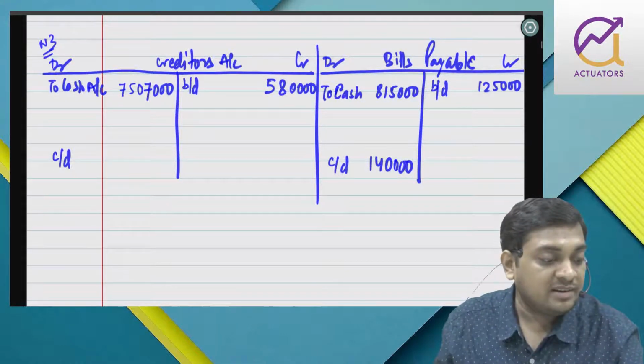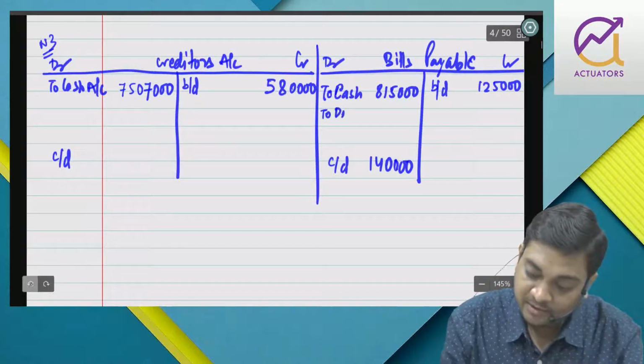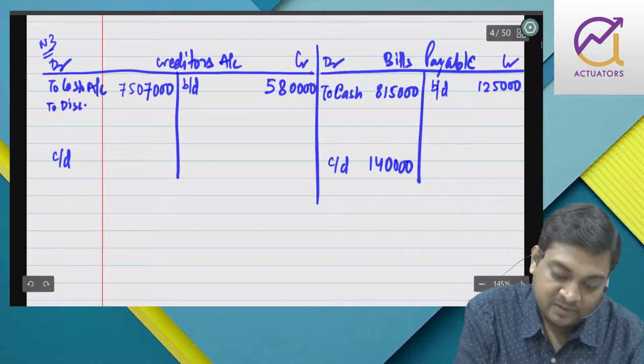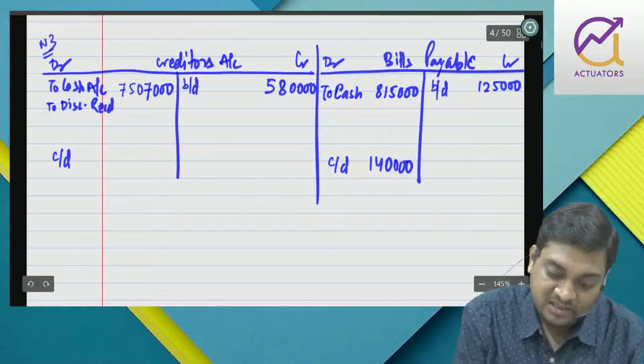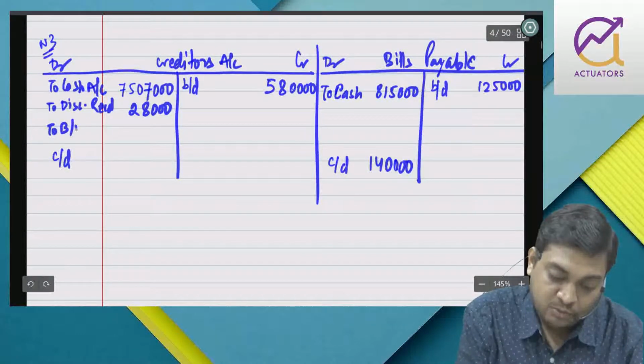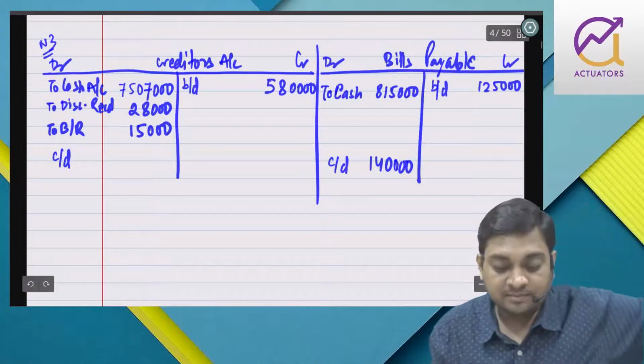And then we don't have anything else. To discount received we got 28. To BR that is endorsed, 15,000.